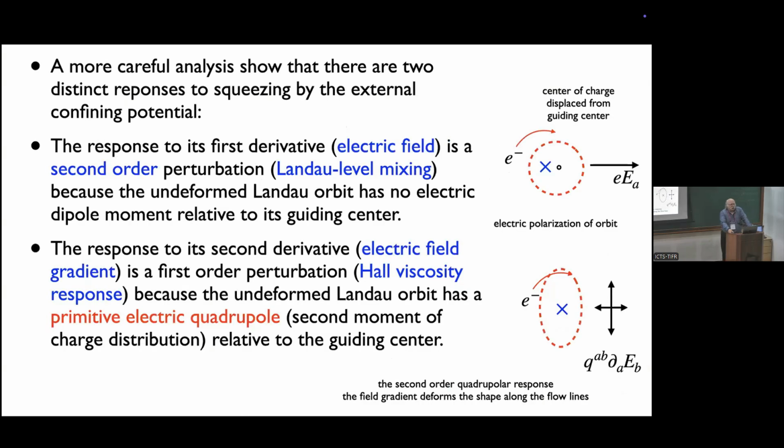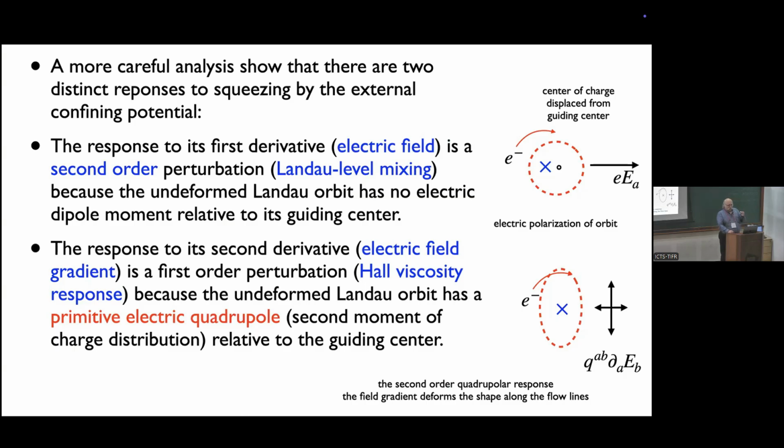And a more careful analysis of this shows there are actually two distinct responses to squeezing by the external confining potential. The first one, the obvious one, is the electric field itself, which just causes a flow. But the underlying thing in the Landau level, the electron going around the guiding center, has no dipole moment relative to the guiding center. It doesn't carry any polarization.